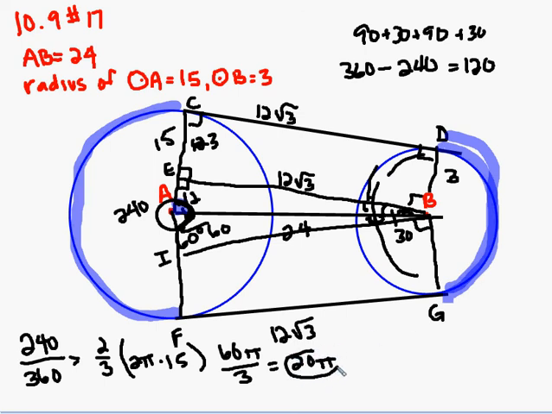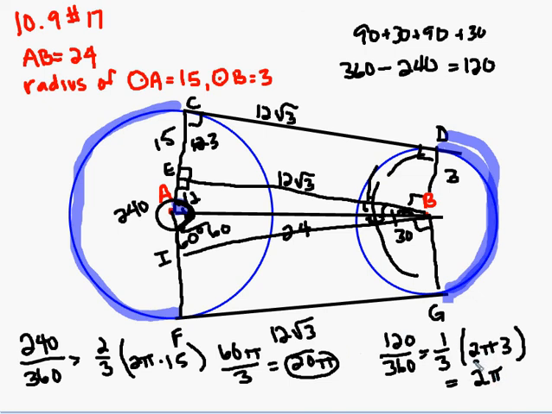So this is the length from C to point F, and in this smaller circle, the portion of the circumference that we're cutting out from D to G is going to be 120 over 360, or 1/3 of 2 times pi times the radius of 3, which is going to be equal to 2 pi.